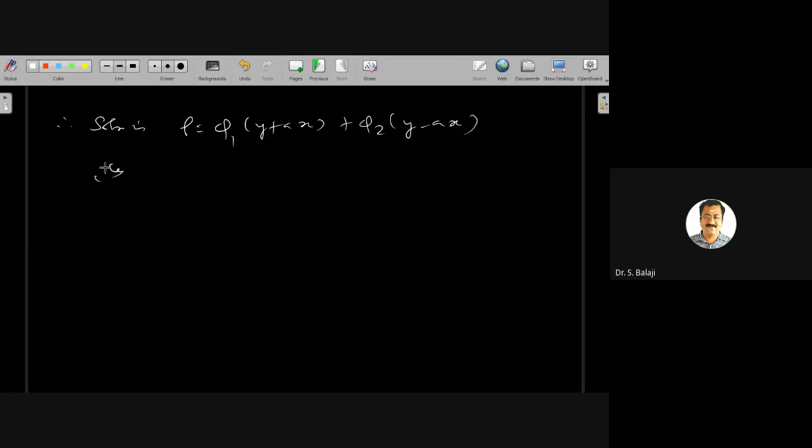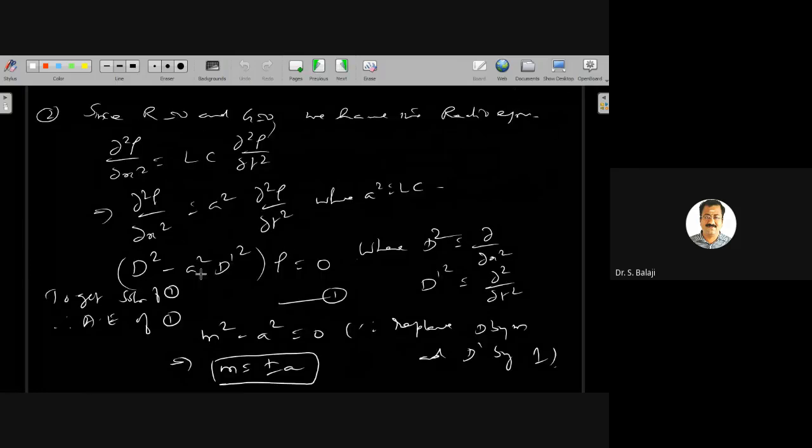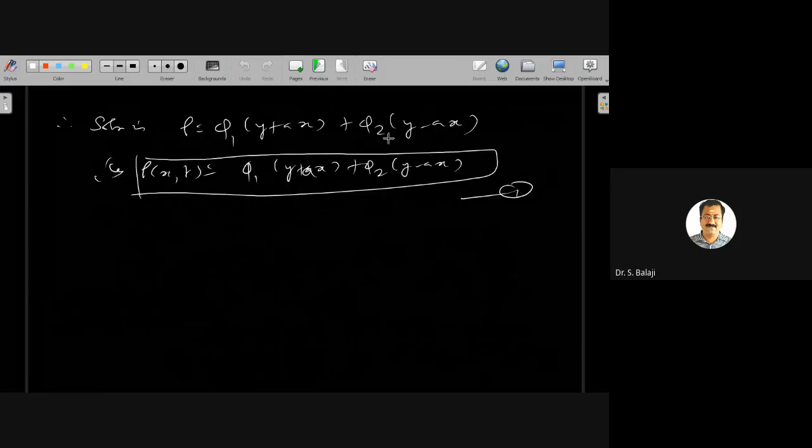That will be the solution. Just write it as a second order ODE of homogeneous type. With the help of that, we can write this solution.